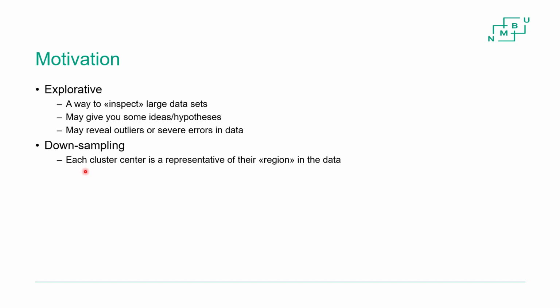And then you can replace this by just selecting the cluster representative. Group them and select one from each group as a data case. So the cluster center typically in some way represents this region of the data space.